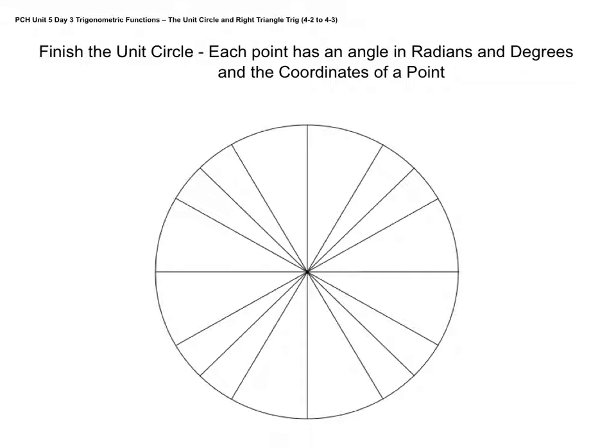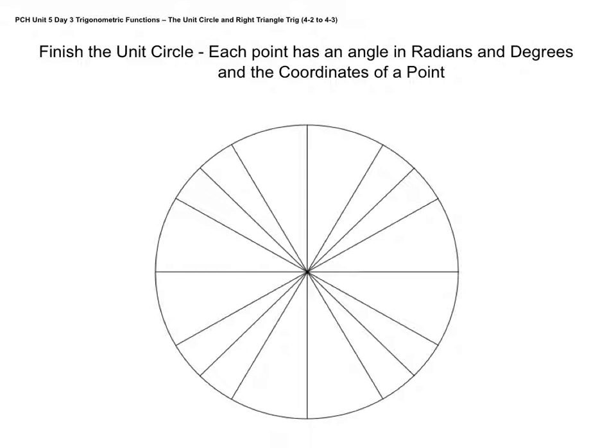You can use SOHCAHTOA. You can use patterns if you happen to see any patterns. And you can use the 30, 60, 90 or 45, 45, 90 right triangles. Now, notice here, every point on this circle has three things you need to know.